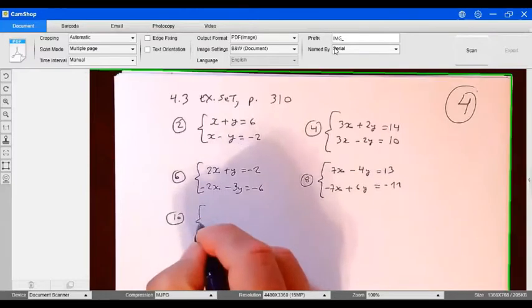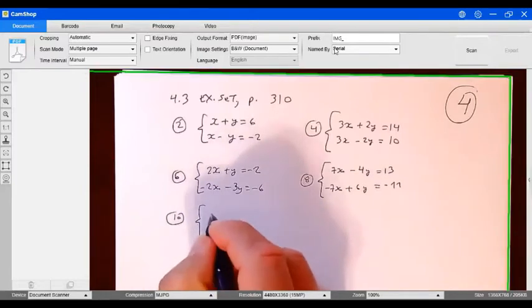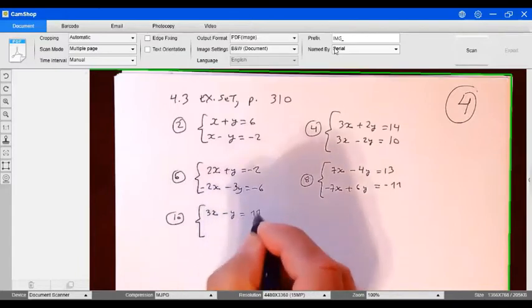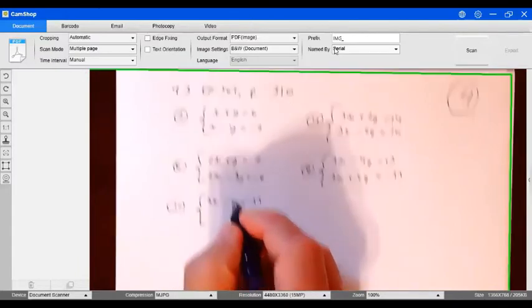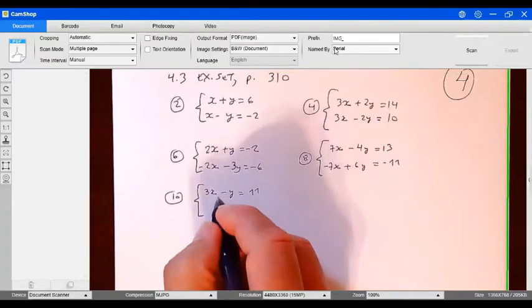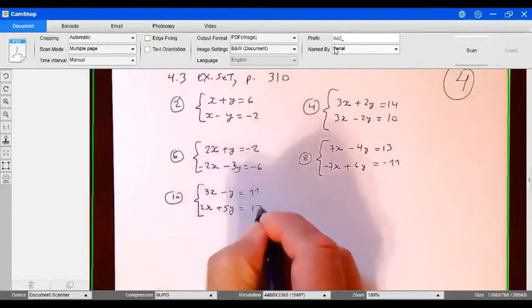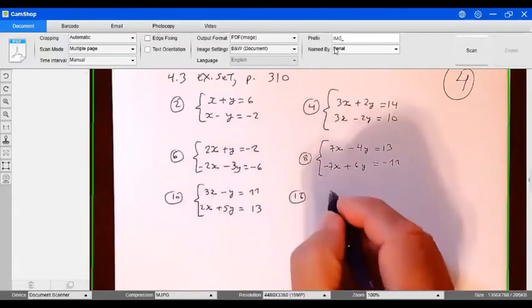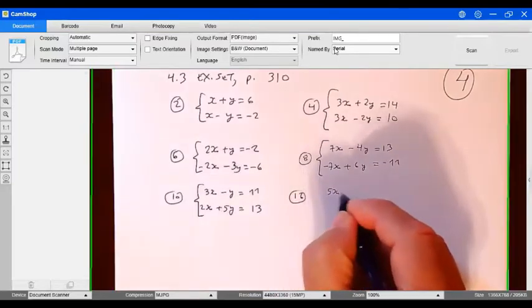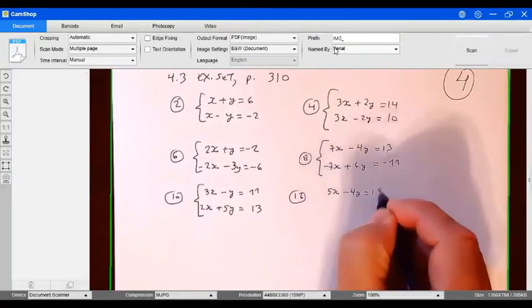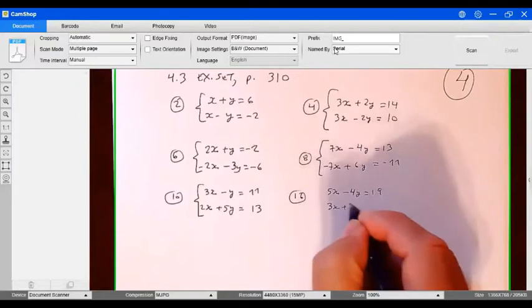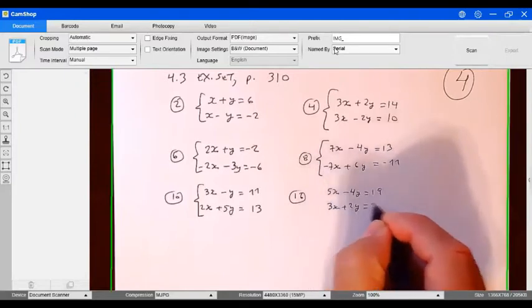Problem 10, you have 3x minus y equals 11, 2x plus 5y equals 13, and finally problem 16, you have 5x minus 4y equals 19, and 3x plus 2y equals 7.